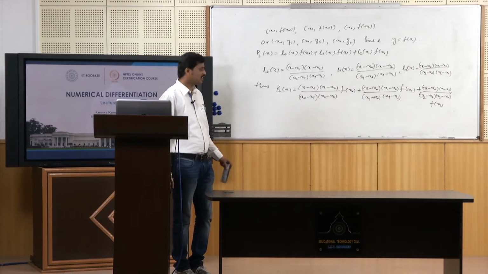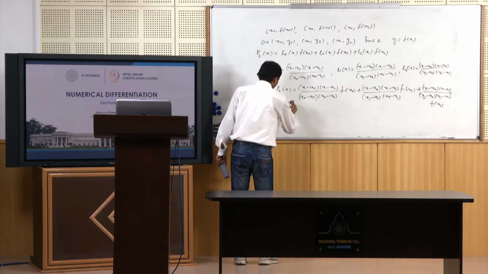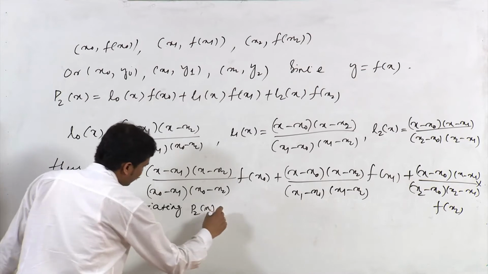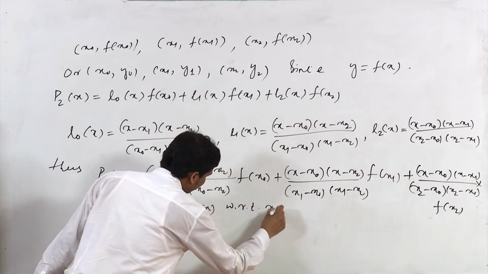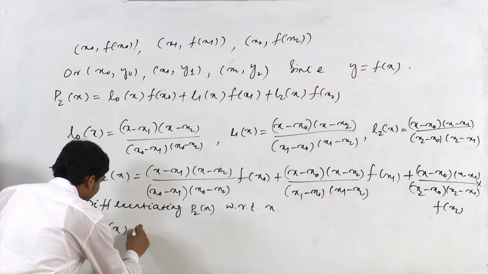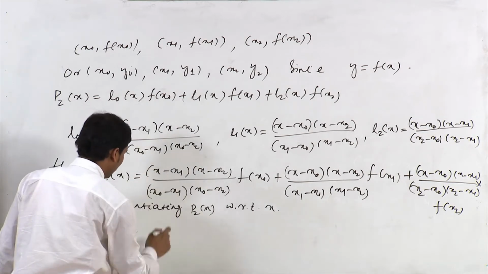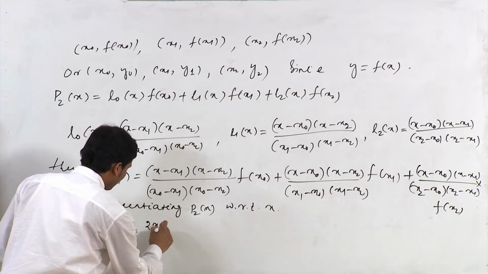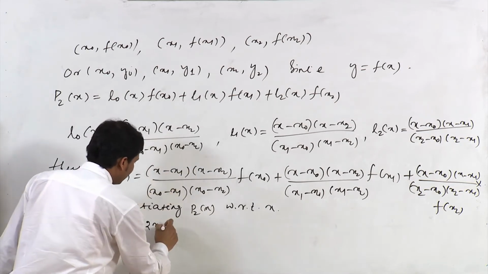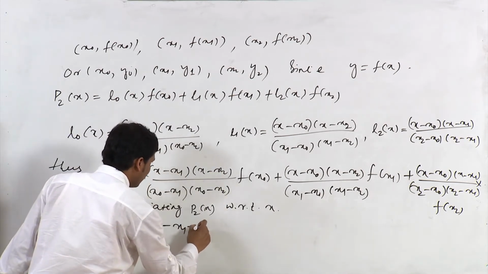So, if we differentiate this polynomial P2(x) with respect to x, then we can write this differentiation as P2 dash x. If you see the first product, x square gives 2x, minus x1 from the product of x with this term, and if you take the product of this one also, that gives minus x2.